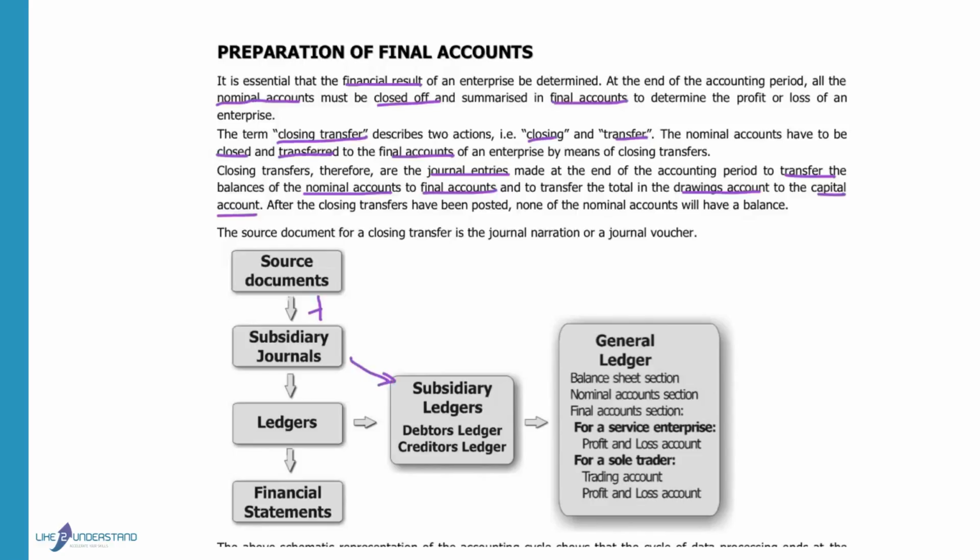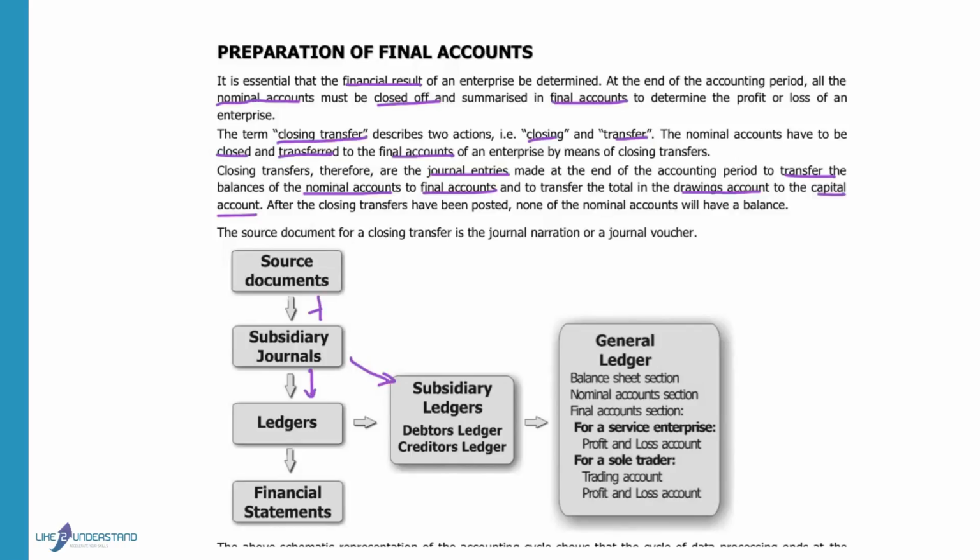And at the end of the month, we will record the totals of the subsidiary journals into the ledger. We will complete a trial balance at the end of every month to ensure that there was no mistake, so the debits must be equal to the credits.